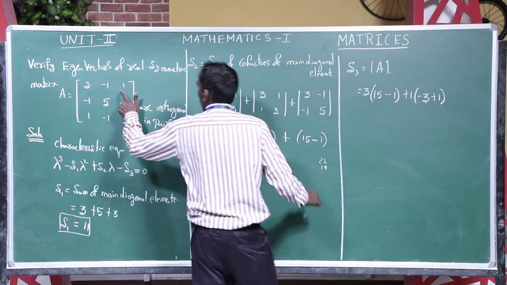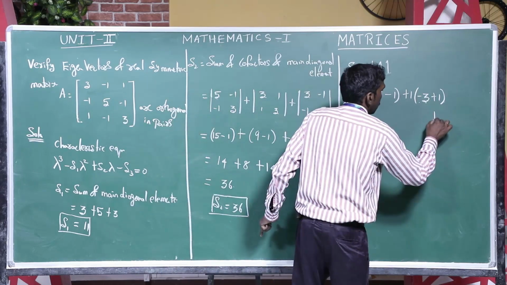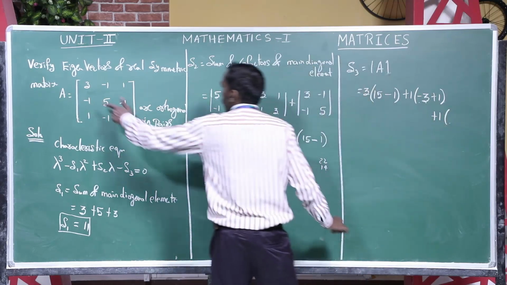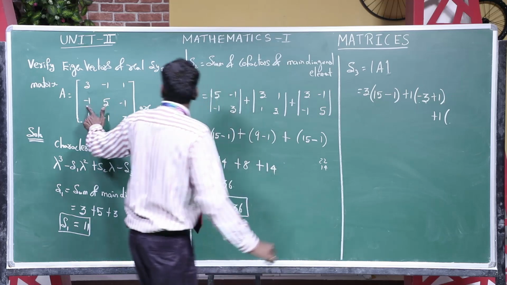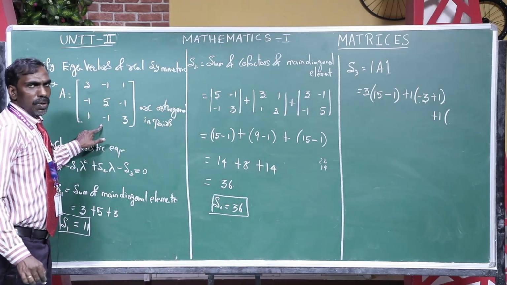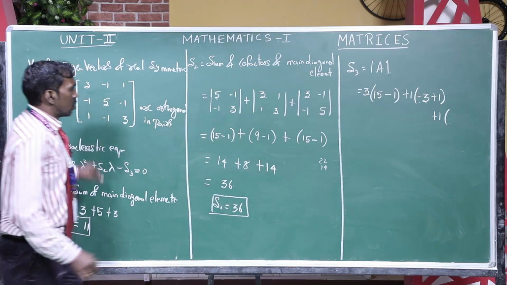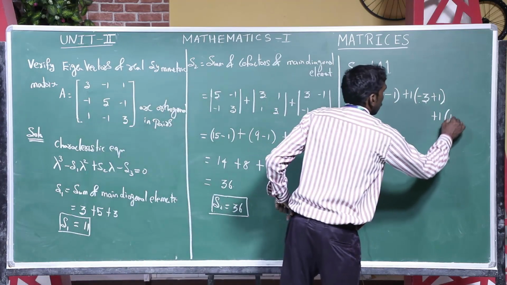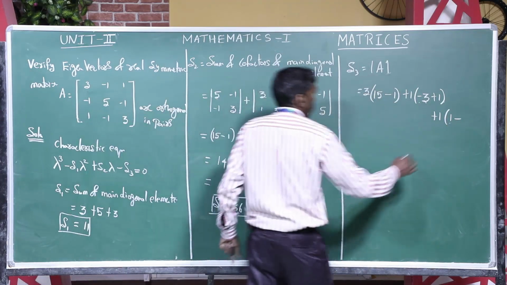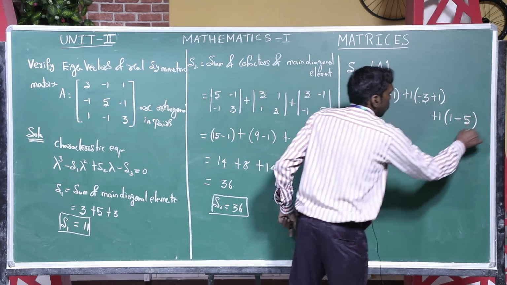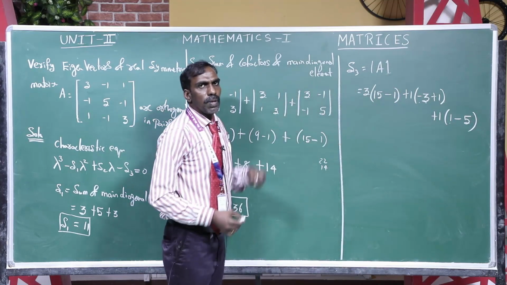Next plus 1 times the minor leaving out the first row, third column: minus 1 times minus 1 is 1, minus 5 ones are 5, so 1 minus 5.